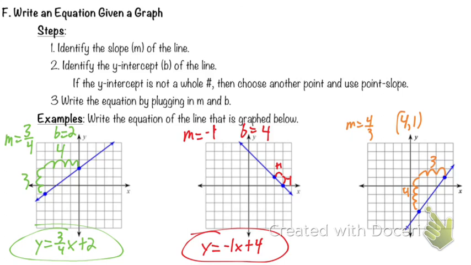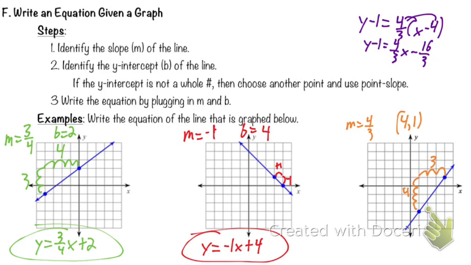So we would take this and plug it in. y minus 1 is equal to 4 over 3 times the quantity of x minus 4. And we would distribute like we have been. y minus 1 is equal to 4 over 3x, and this doesn't simplify, unfortunately. It just becomes negative 16 over 3.